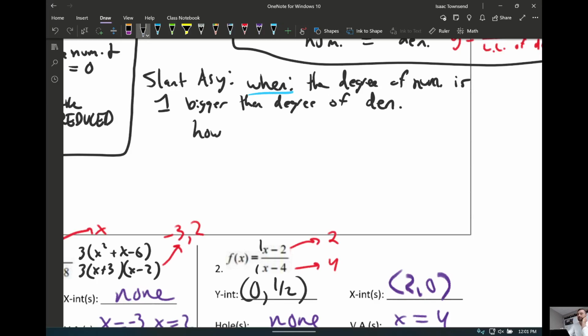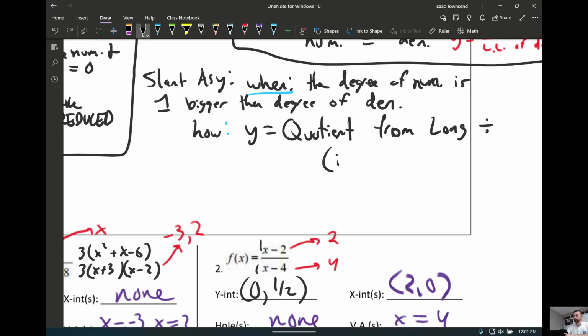So the how is it's going to come from y equals the quotient from long division. That's why we've reviewed that recently. And if there's a remainder, we will ignore it. And I really probably should look that up.